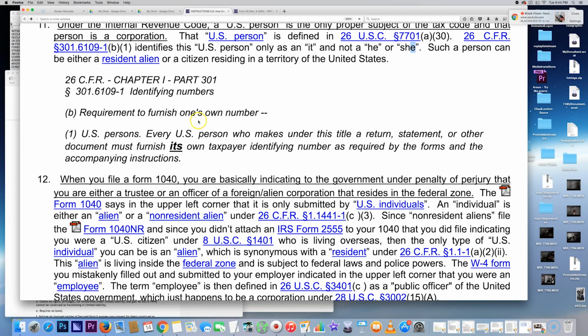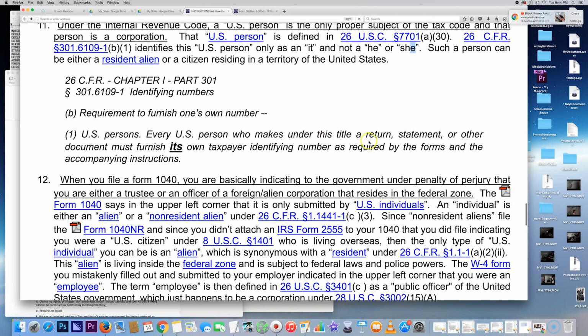Requirement to furnish one's own number. U.S. persons, every U.S. person who makes under this title a return, statement, or other document must furnish its own taxpayer identification numbers as required by the forms and the accompanying instructions.